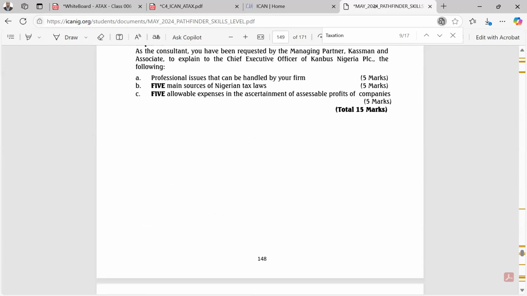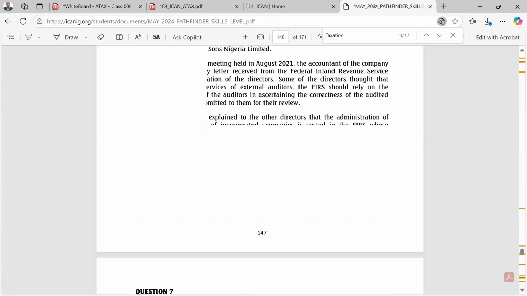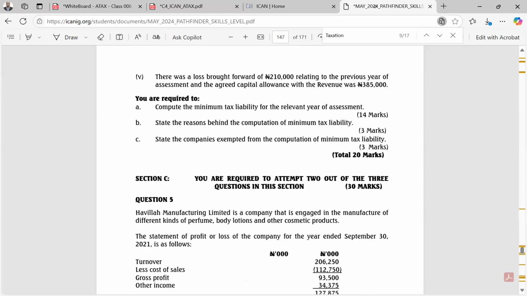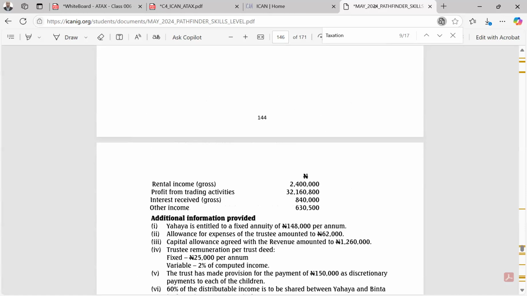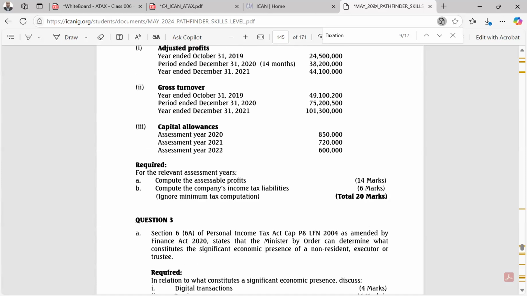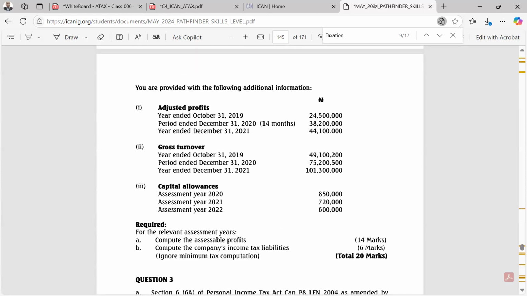So what tax rate are we going to use now? 20%, right? Okay. But kindly note that this period is a 14-month period.